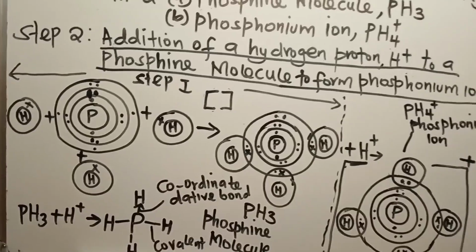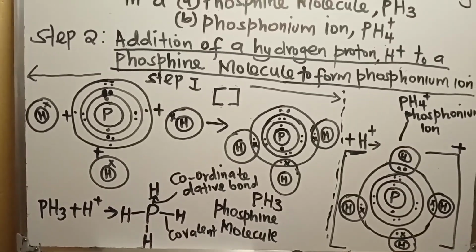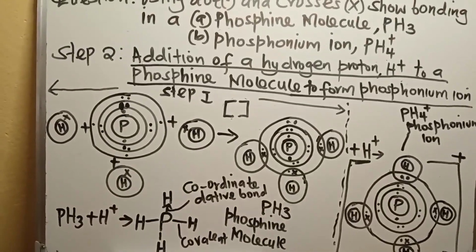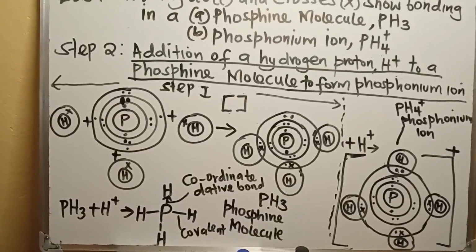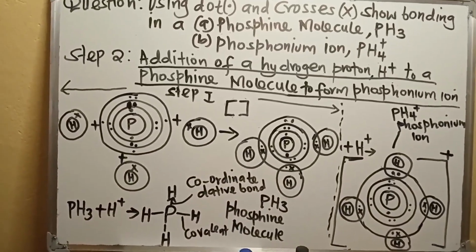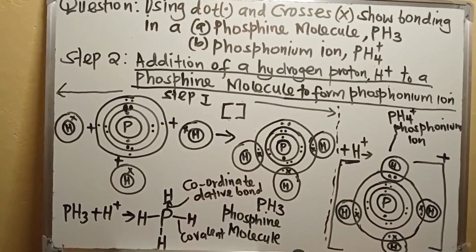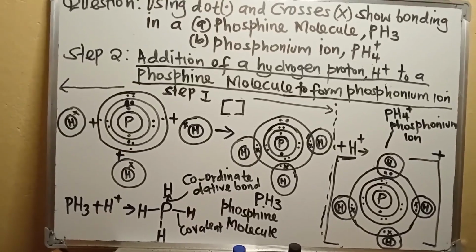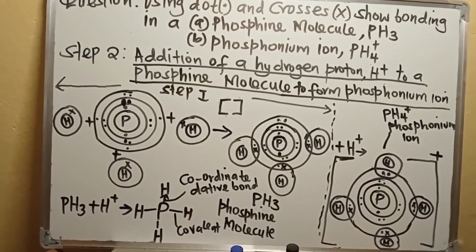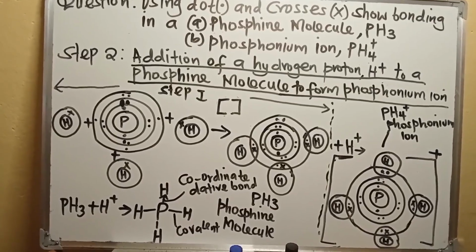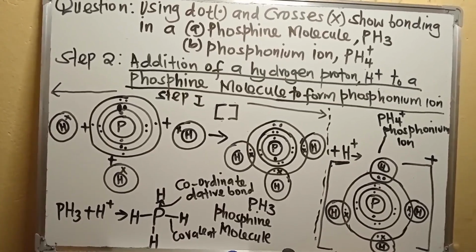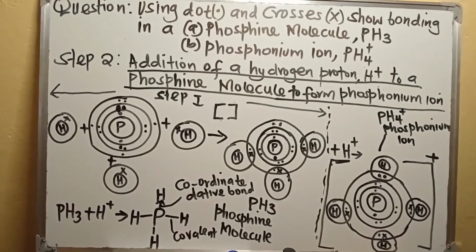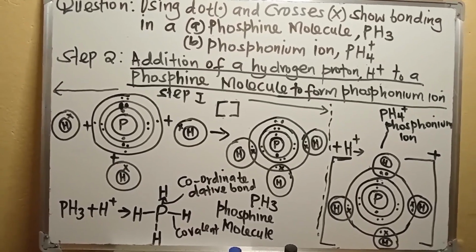For your assignment, I wish that you go try the formation of an ammonium ion, and even for the ammonium ion, it will also be following two steps. It will have step one where we have the formation of an ammonia molecule, and then the second step where we have the ammonia molecule combining with a hydrogen proton.